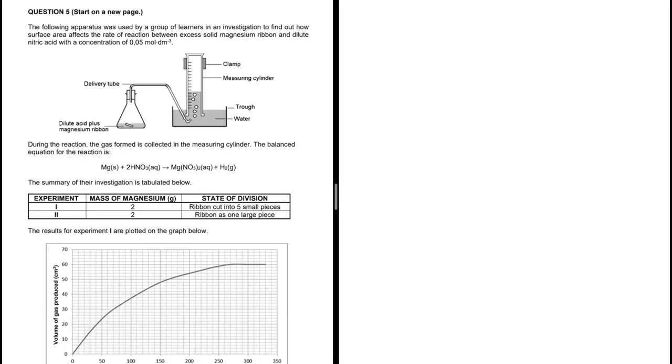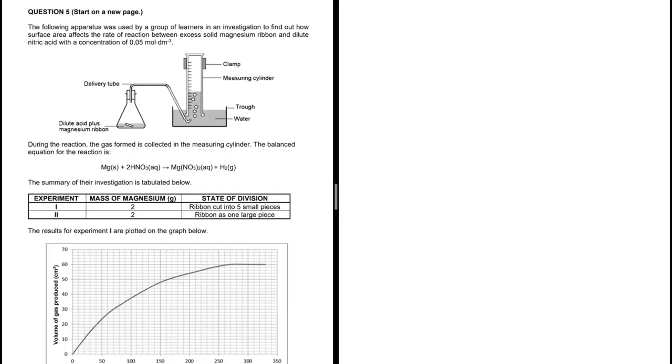Let me join these two lines so that we can read off the value. Okay, I think it will be easy to see here that the volume of gas produced is 60 centimeter cube. Okay, so we will say that number of moles is equals to V divided by Vm. Right, we've said that we're going to do that.